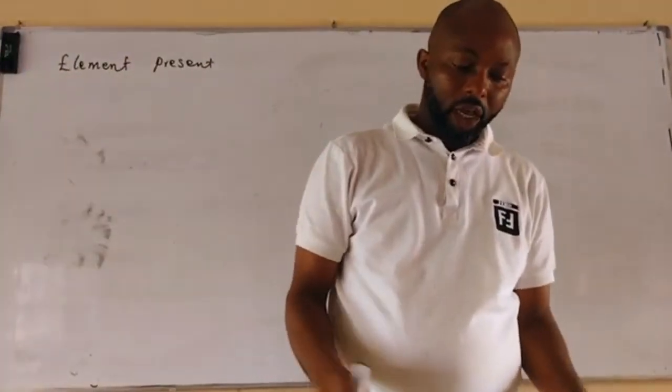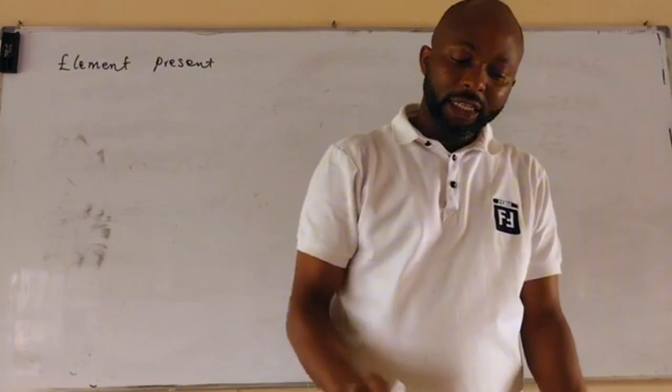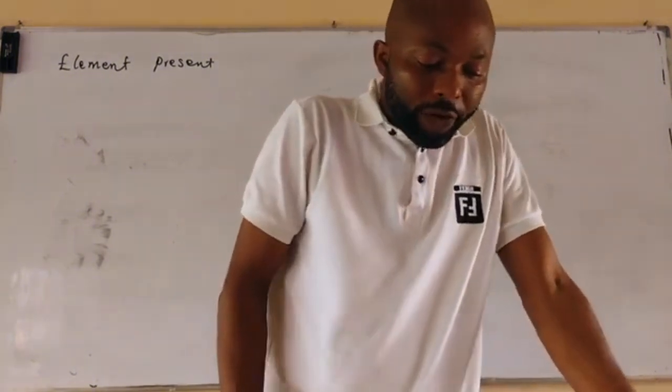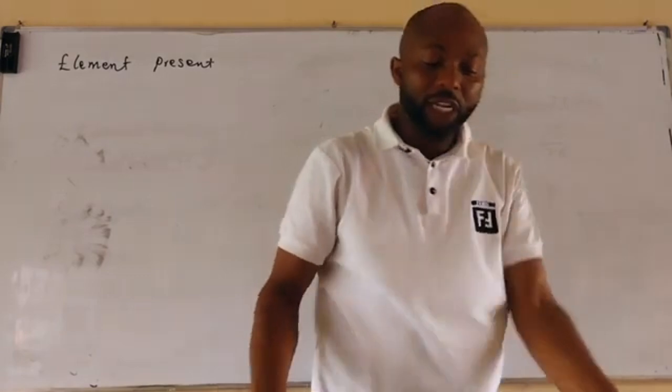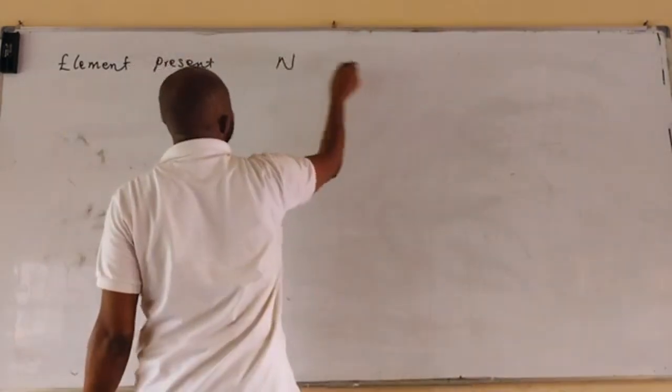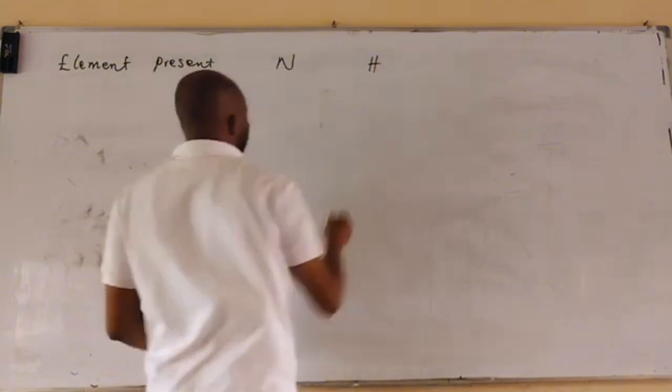Okay, a compound contains 7.2 grams of nitrogen and 1 gram of hydrogen. So the elements present are nitrogen and hydrogen.